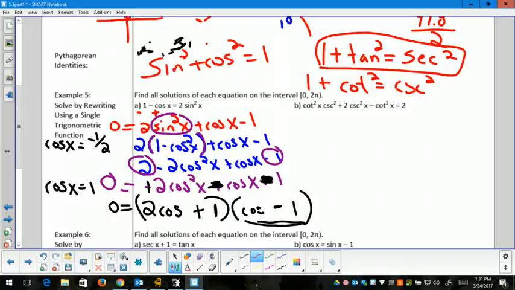Cosine is negative 1/2 at 2 pi over 3 and 4 pi over 3. And cosine is 1 at 0. So there's only 3 answers for this one.